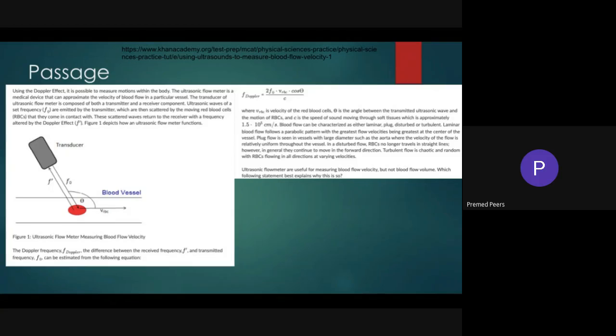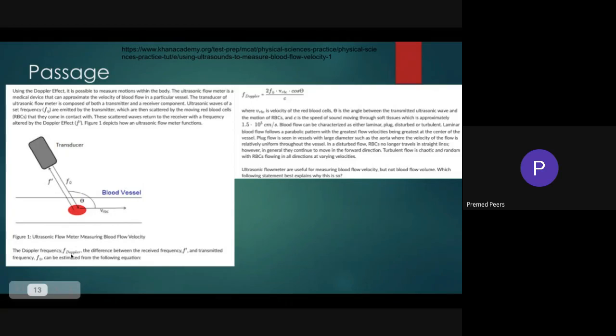Figure 1 just depicts how an ultrasonic flow meter functions. So we have the set frequency going out, being scattered by the red blood cell movement. This indicates the velocity of the red blood cells, and then it is sent back with the altered frequency.